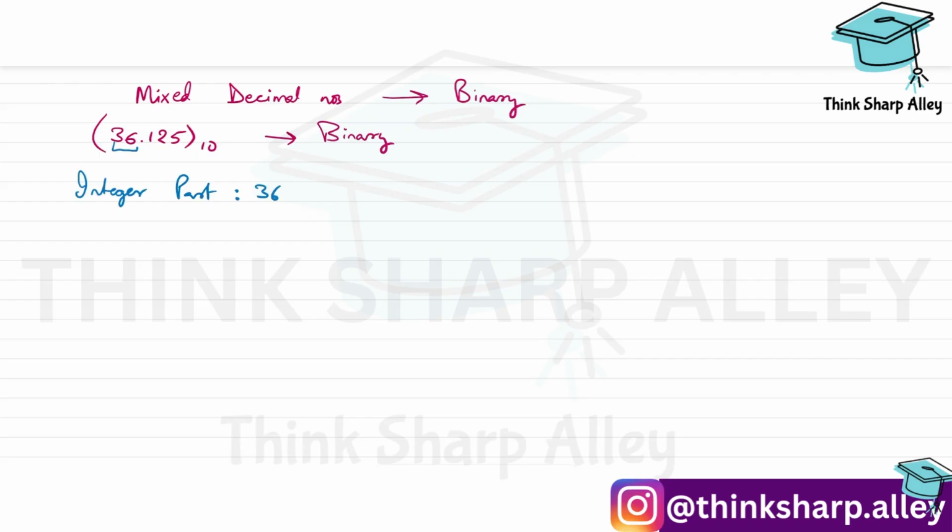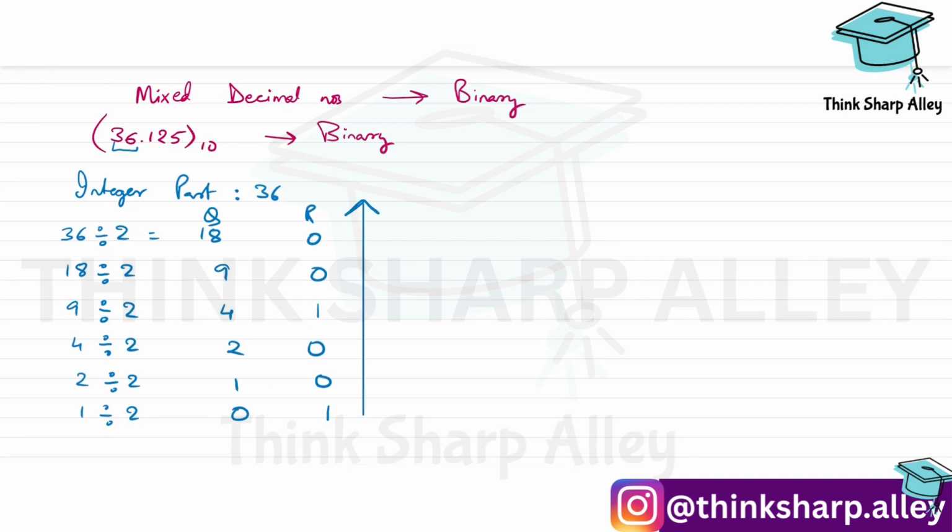We will divide it repeatedly by 2 and note the remainders down. Here the integer remainders are read from bottom to top. So for 36, my number is... Now next comes the fractional part, which is 0.125.